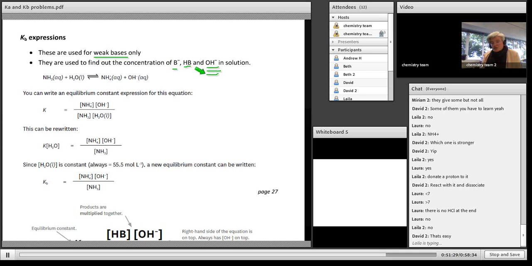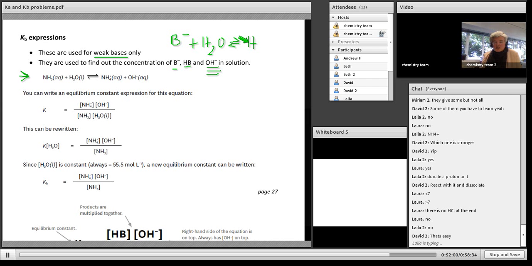If you needed to calculate the OH minus concentration, you'd use the Kb expression when you are given a weak base. So again, remember, you always write out the equation first. If we were doing it in terms of the general one, it would be B minus plus H2O. At level 2, you could get away with not writing the H2O, and it's not ultra important at level 3, but you do have to try and make sure it's balanced.